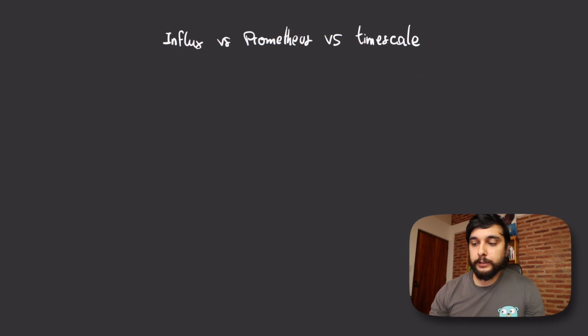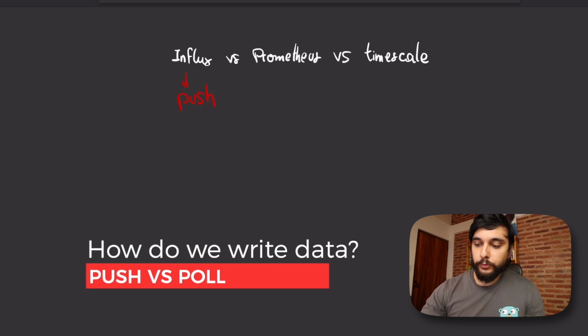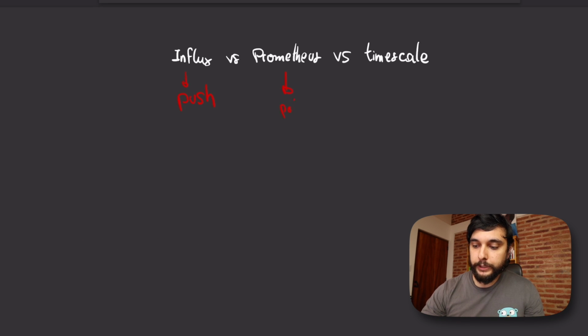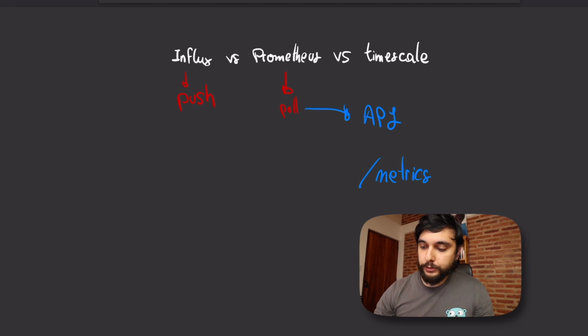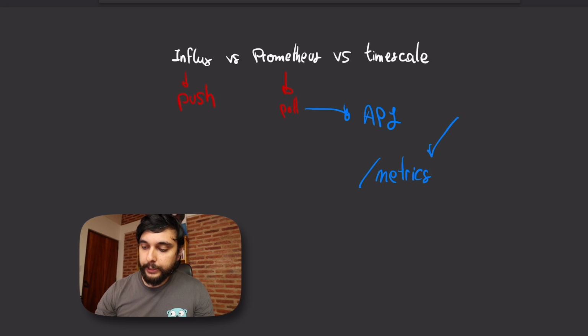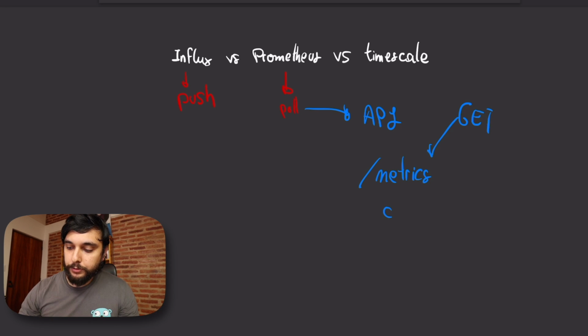All right, so whenever you look at the difference between these three, you're going to see that the major difference mentioned is the nature of push versus pull. You push data points to Influx, whereas Prometheus will pull you for data. What do I mean by pull you? Well, let's say you have an API, and your API has an endpoint called metrics. In this endpoint, whenever you query it, like with a GET, you get something like CPU 50%, memory 2 gigs of RAM, money sold $1,000.